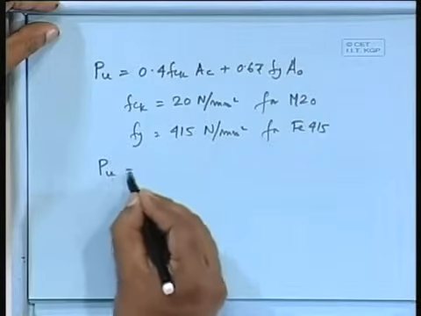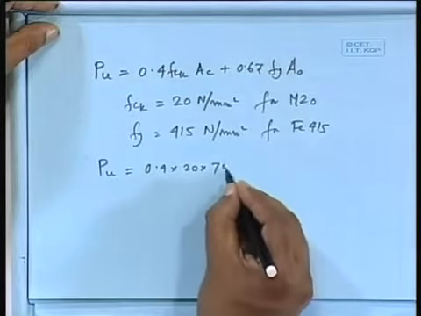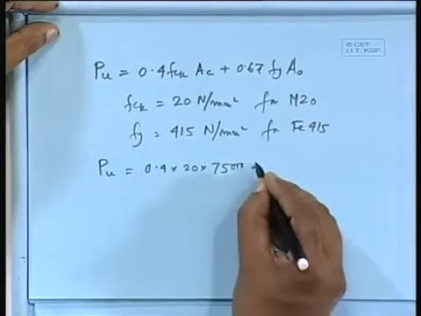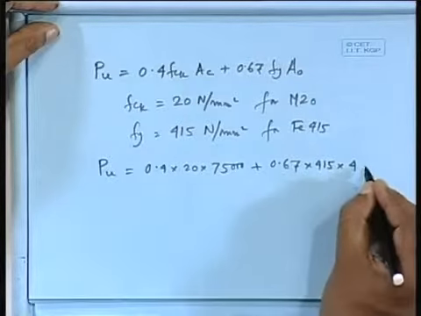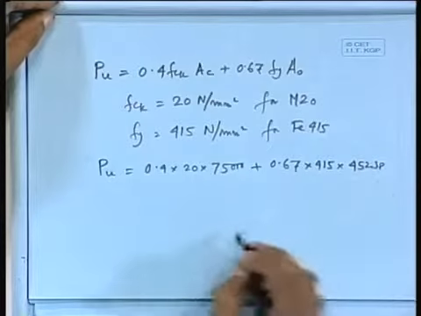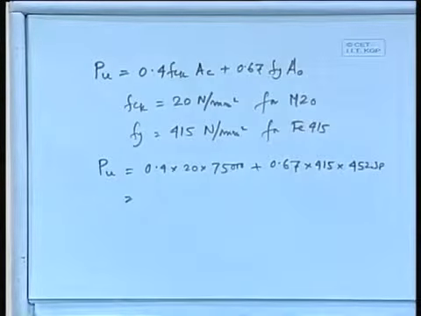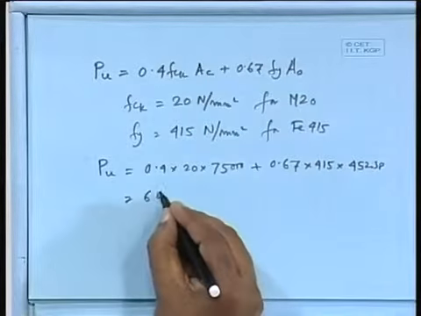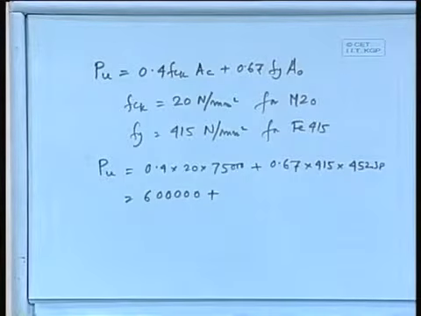So Pu equal to 0.4 times 20 times 75,000, that is the one we have got, plus 0.67 times 415 times 452.38.